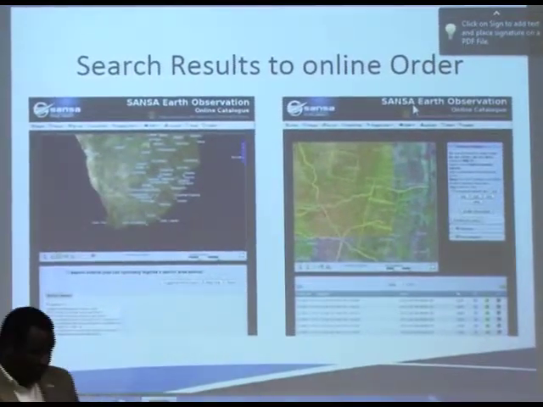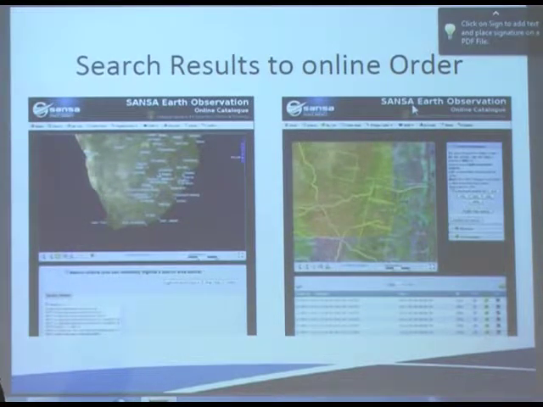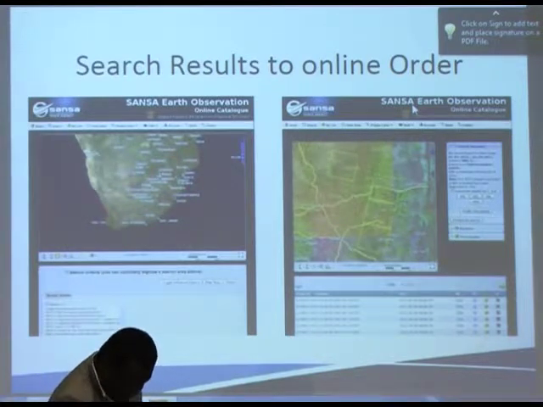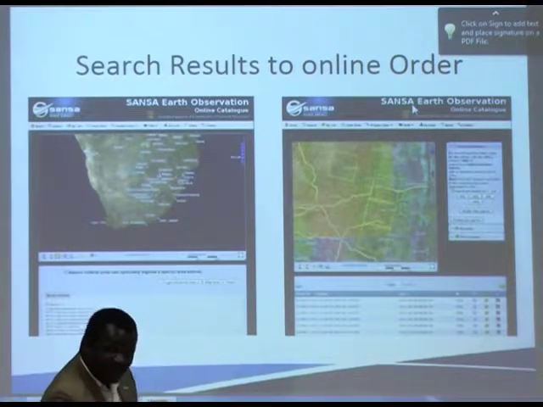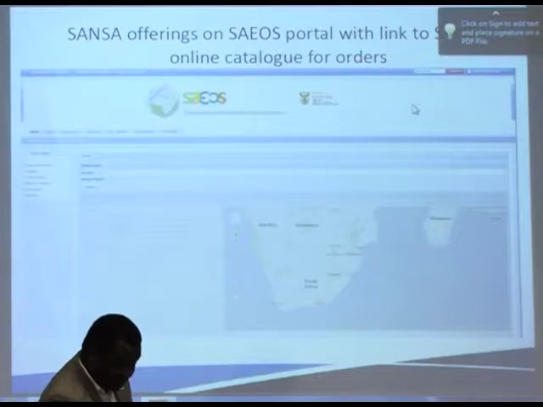So this graphic also shows you just what you would find on our catalog. And as I said, we're trying to make this catalog as user-friendly as possible. So if you're not very happy with your experience there, please feel free to contact us and give us your suggestions.